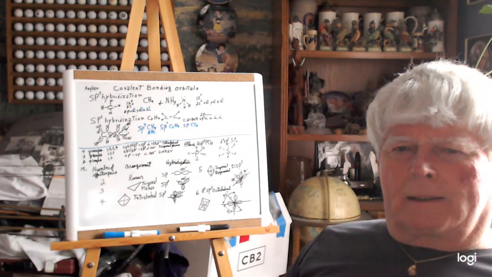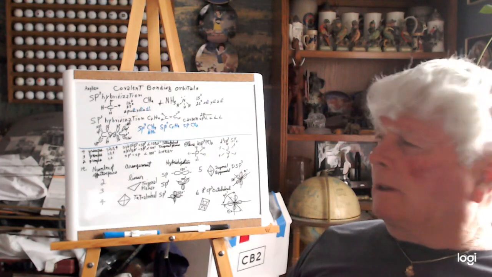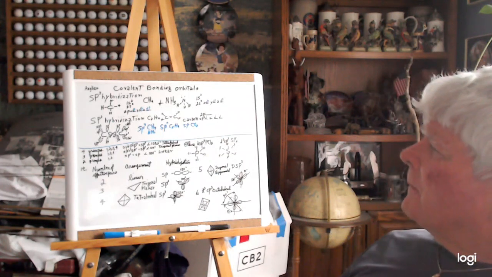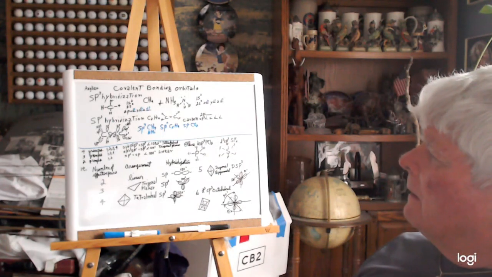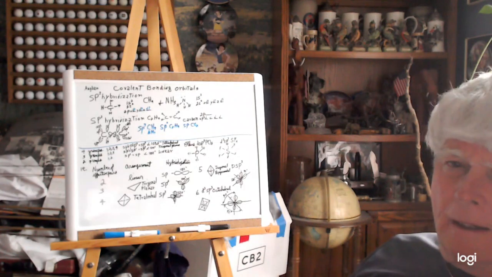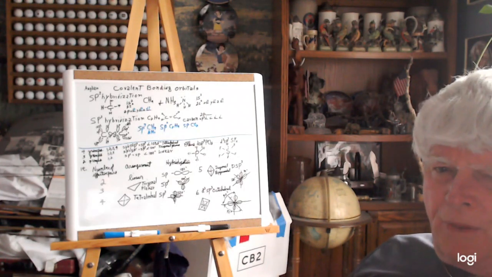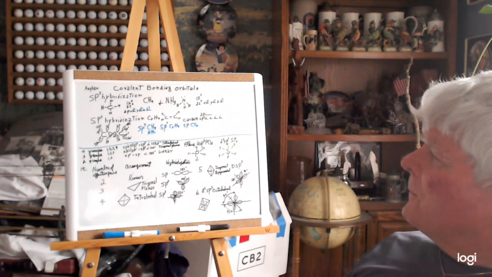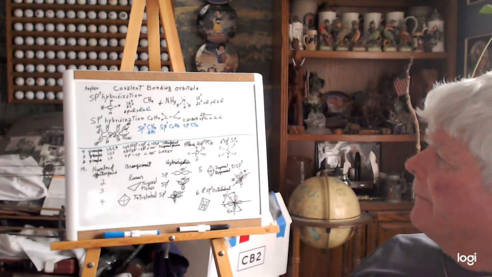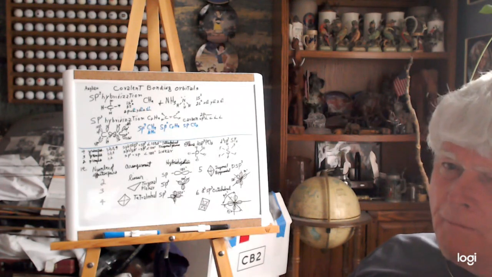And what that does is that it allows the 2p, in the case of methane, CH4, to share electrons, carbon with hydrogen.